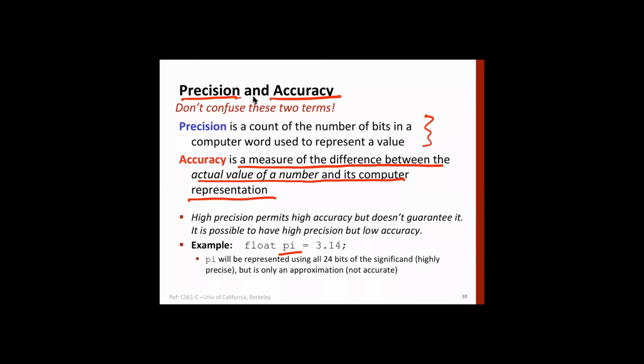In general, we can say higher precision permits higher accuracy. If there is higher precision, 64 instead of 32, some numbers can be more accurate. But we cannot say this always holds for all cases. There may be cases where accuracy is the same in single precision and double precision.